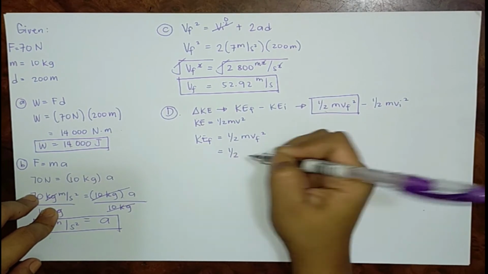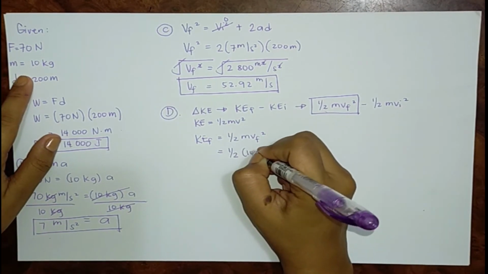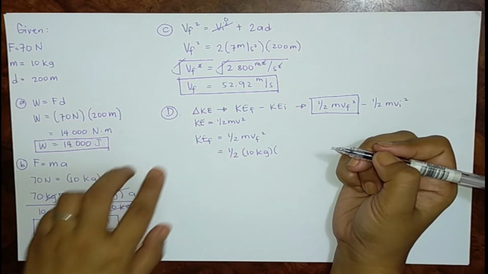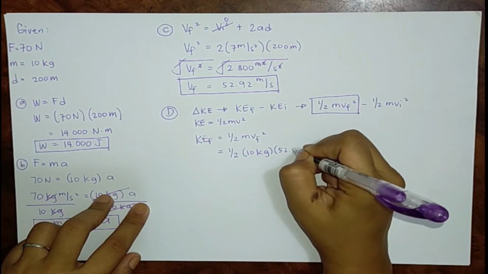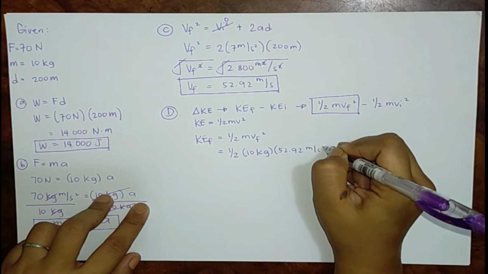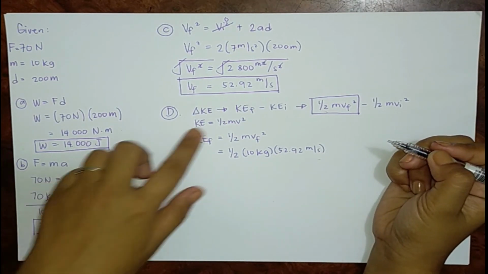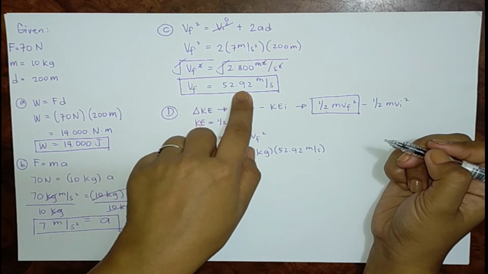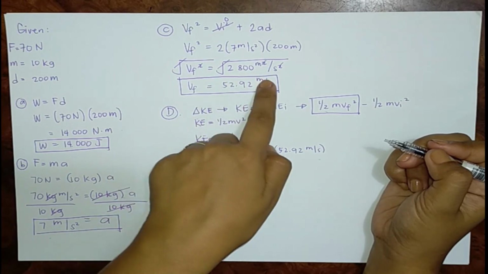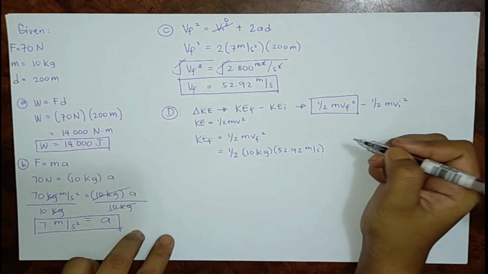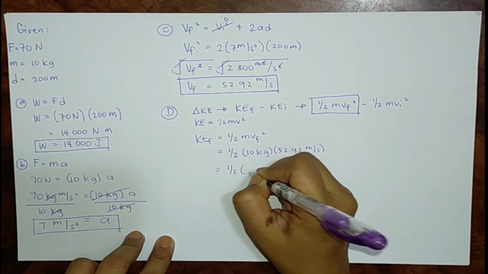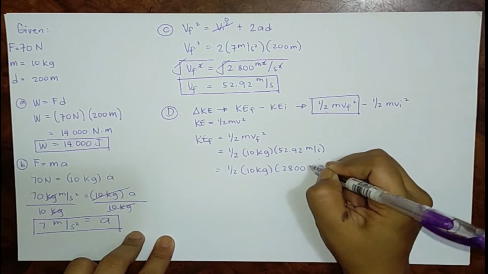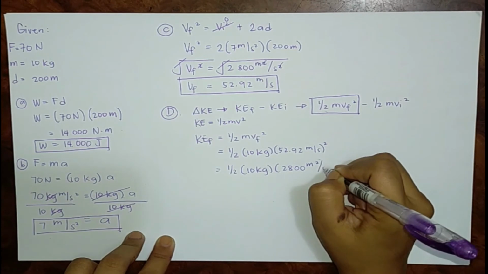We have 1/2 times the mass, that is 10 kilograms, times the value of your Vf, which is 52.92 meters per second. Take note that in letter C, the squared value of 52.92 meters per second is 2,800. So we are going to use this value. So we have 1/2 times the 10 kilograms times 2,800 meters squared per second squared.